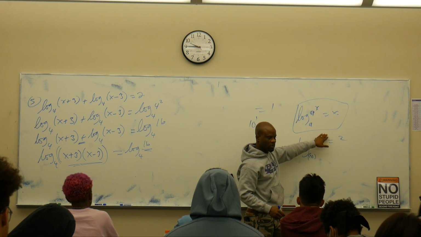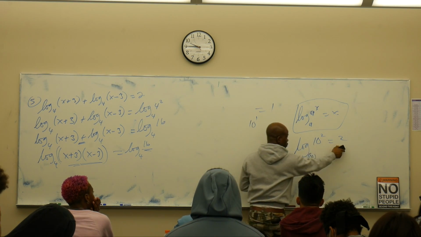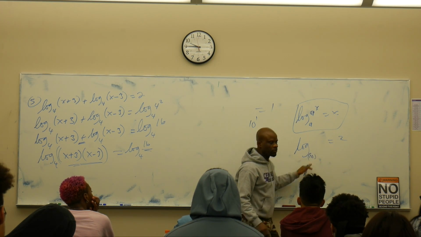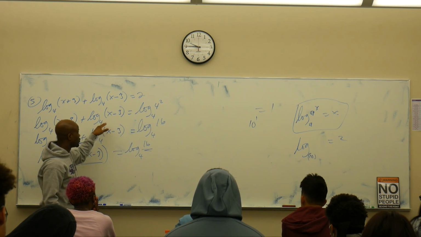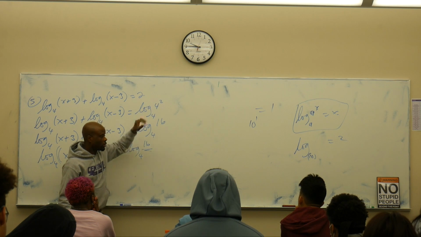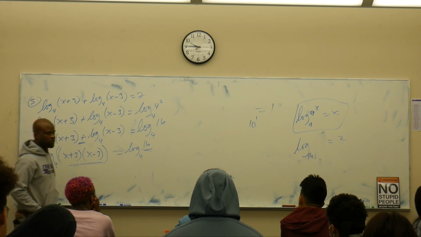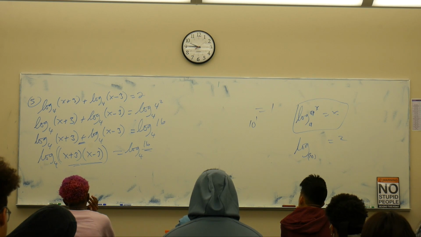So if I have a 2 and I need to write it with base 10, it's 10 squared. So I have a base of 4, I need to write the 2 as 4 squared. If it was 3, it would be 4 to the third. There you go. Are we good? Okay.